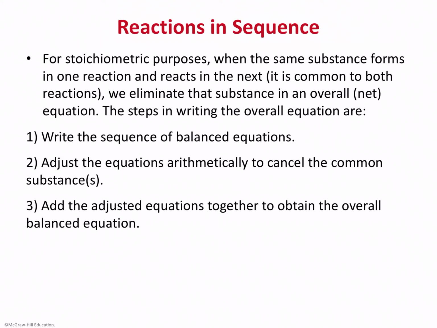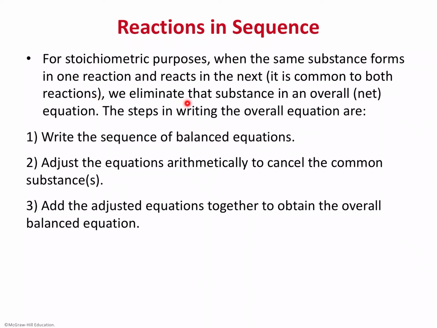So we're going to continue with the copper example that we were dealing with in the earlier section. Now that relates to reactions in sequence. For stoichiometric purposes, when the same substance forms in one reaction and reacts in the next, it is common to both reactions.